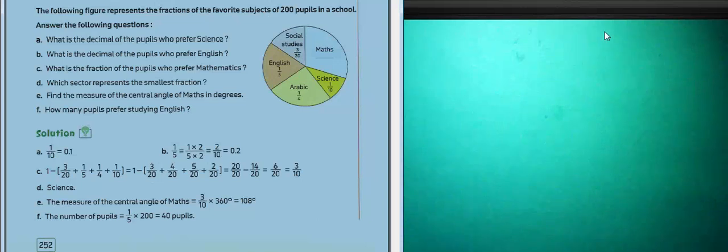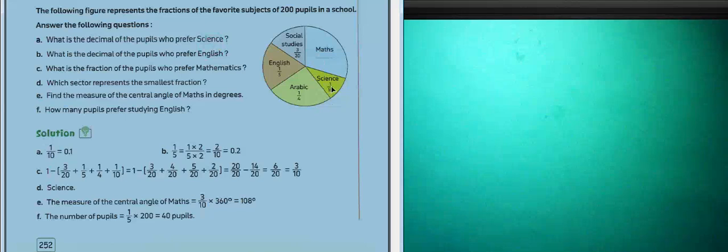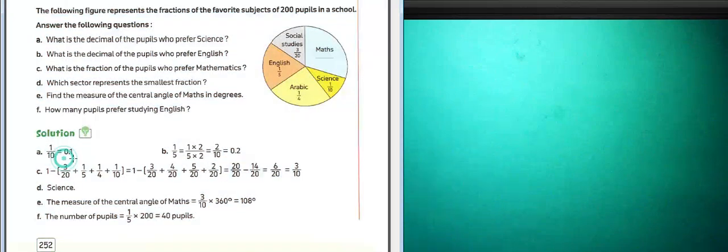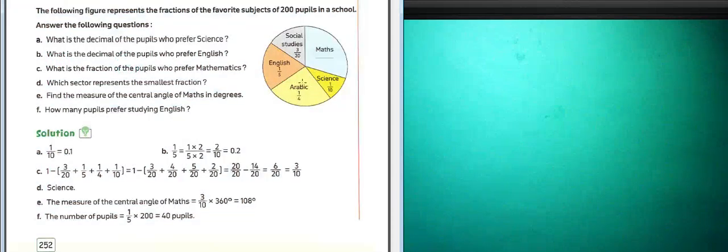Answer the following questions. What is the decimal of pupils who prefer science? Look here, science is 1 over 10, converted to decimal it will be 0.1. And what is the decimal of pupils who prefer English? English here is 1 over 5.